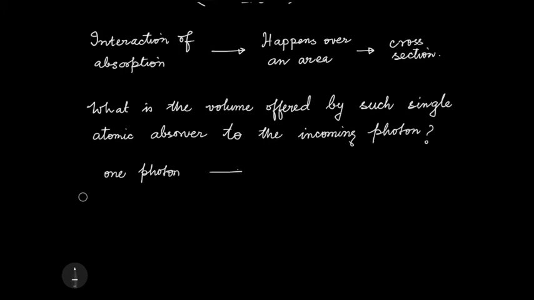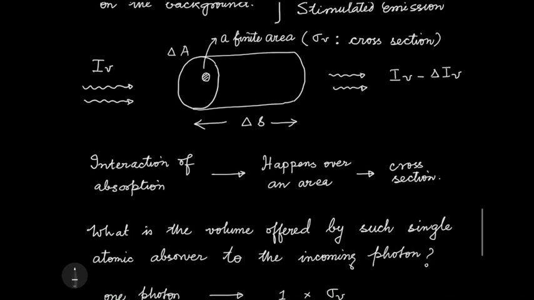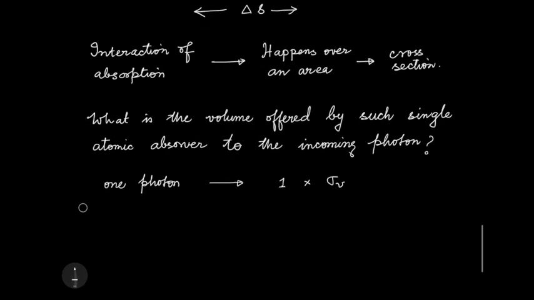So if there is one photon, this volume is the area sigma nu, and it can happen anywhere in this length. So that is the total volume: sigma nu times delta S.